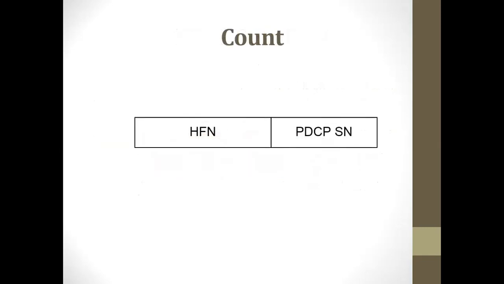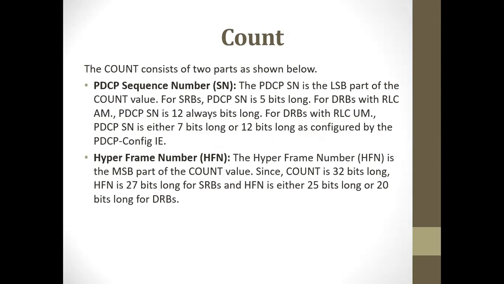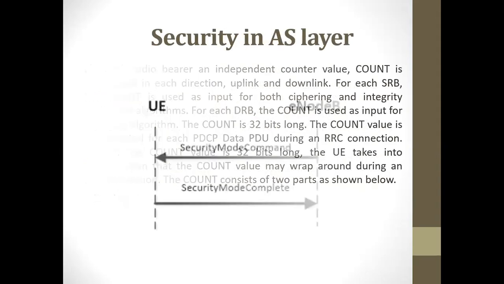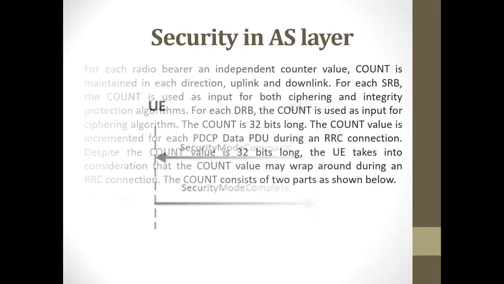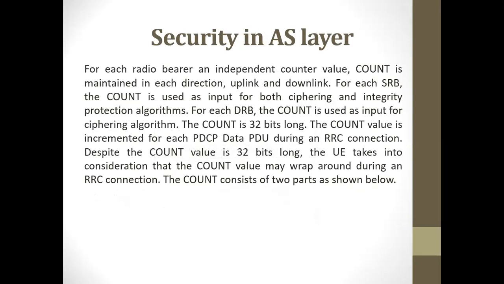In the ciphering, you use a long number that does not wrap around very often. So a 32 bits long count value is used. The ciphering will restart when you complete your counting.